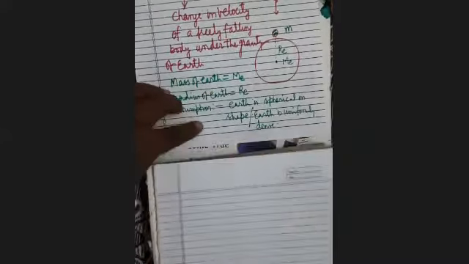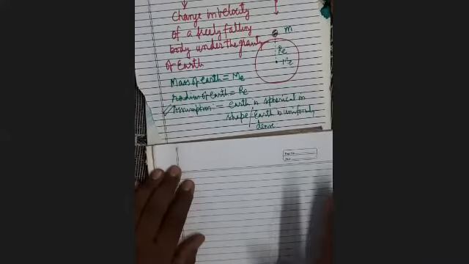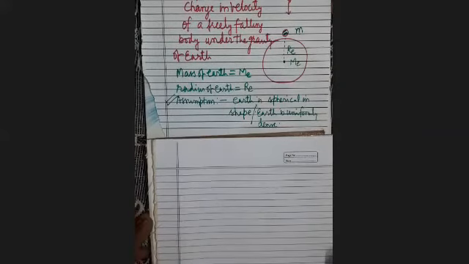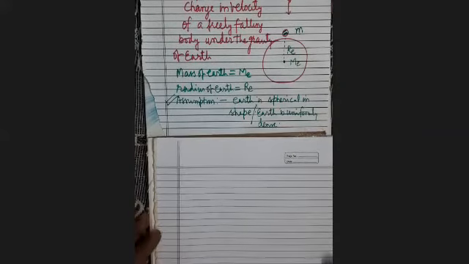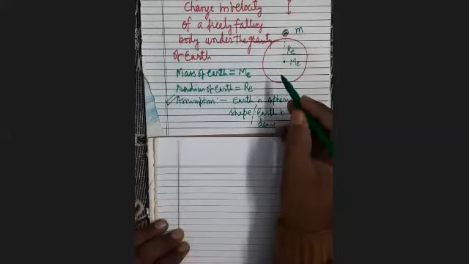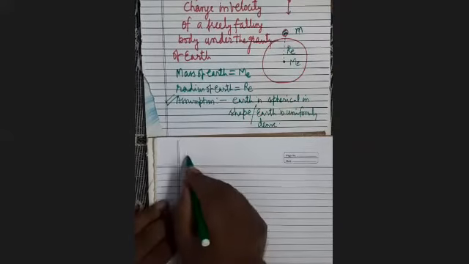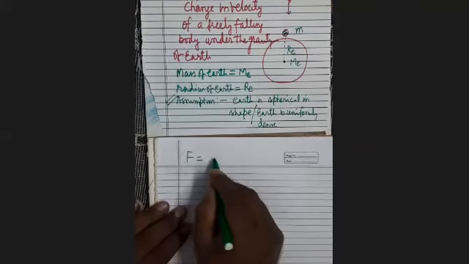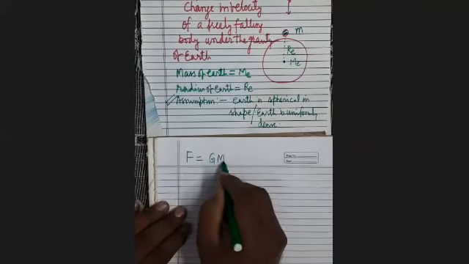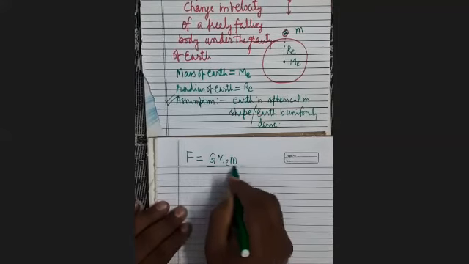Now it is visible perhaps. So from Newton's law of universal gravitation, what will be the force? Force will be given by G M_E m upon R_E square.